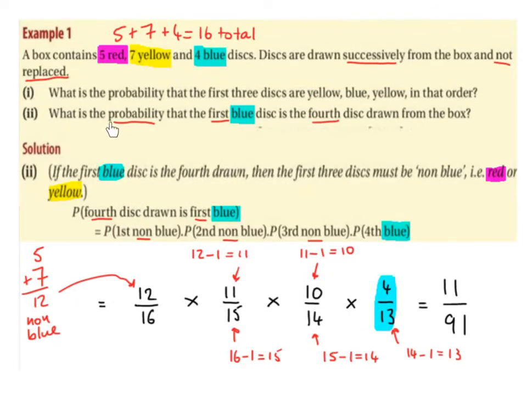Part 2. What is the probability that the first blue disc is the 4th disc drawn from the box? If the first blue disc is the 4th drawn, then the first 3 discs must be non-blue, i.e. red or yellow. So the probability that the 4th disc drawn is the first blue is equal to the probability of the first non-blue multiplied by the probability of the second non-blue multiplied by the probability of the third non-blue multiplied by the probability of the fourth blue.